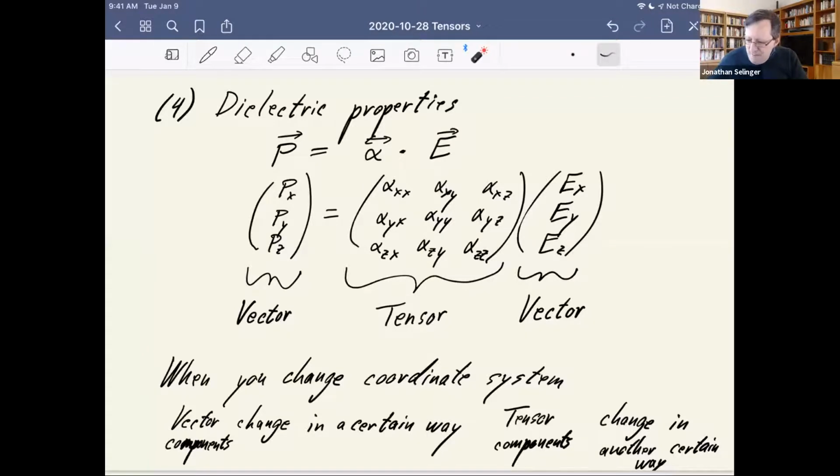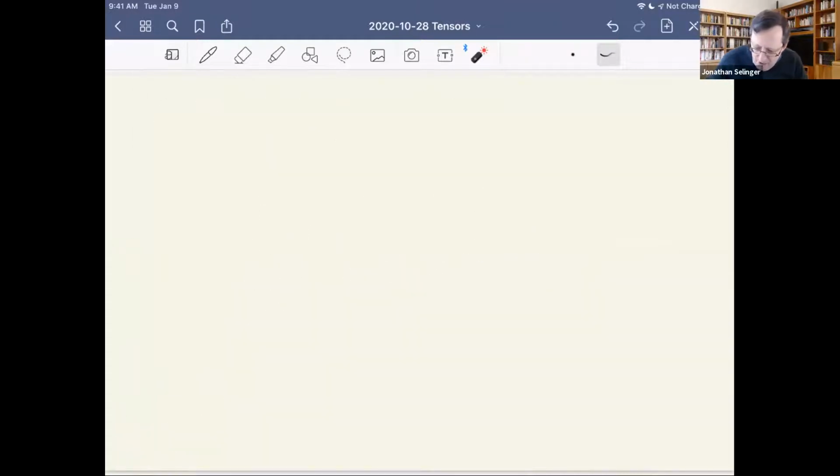Okay, so let me tell you some practical things about working with tensors. And I'm going to tell you these things without proofs. I'm just going to tell you the rules, and then later on I'll say more about the transformations.